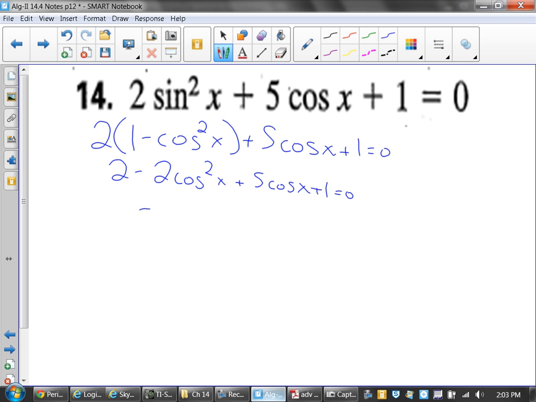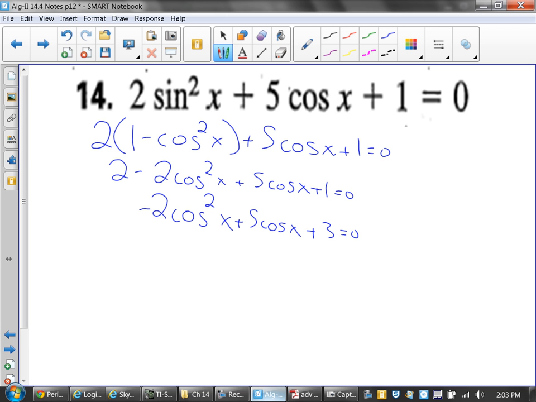So I wind up with negative 2 cosine squared x plus 5 cosine x plus 3 is 0, which means I'm going to have to factor this. When I go to factor this, I'm treating it as a leading coefficient that's not equal to 1, but I want that leading coefficient to be positive. We always factored with a positive value of a.